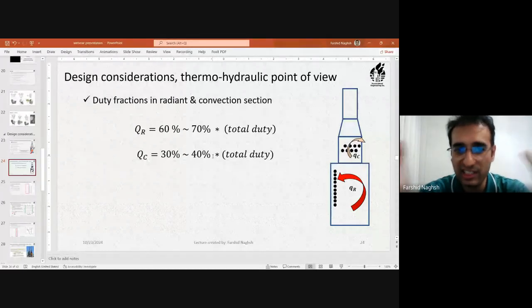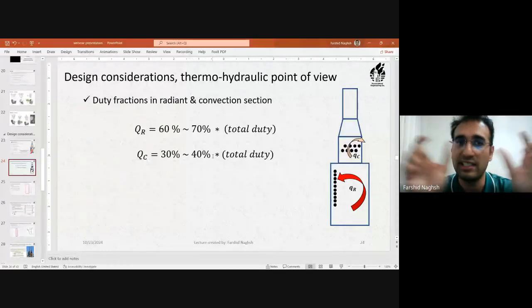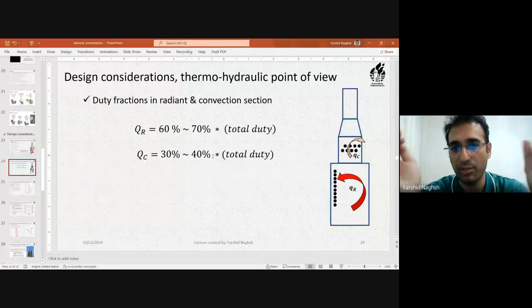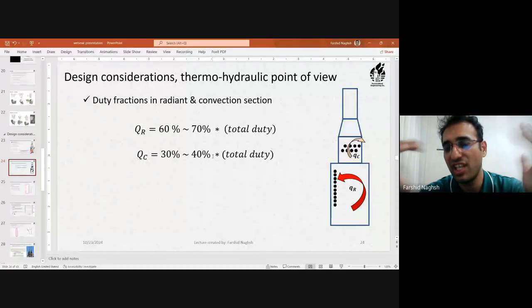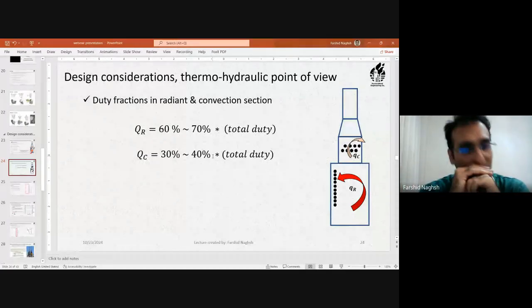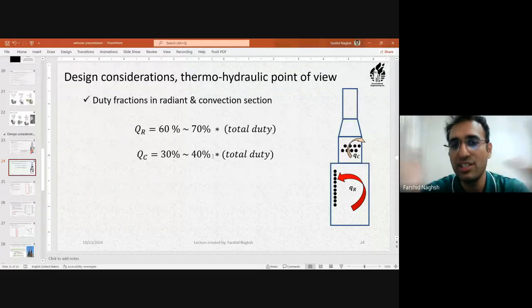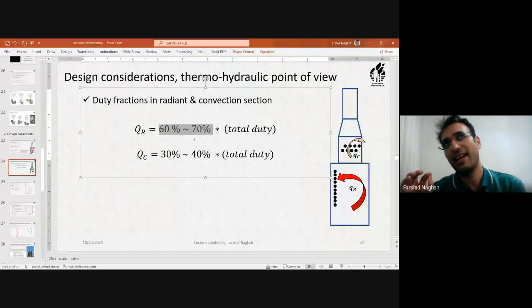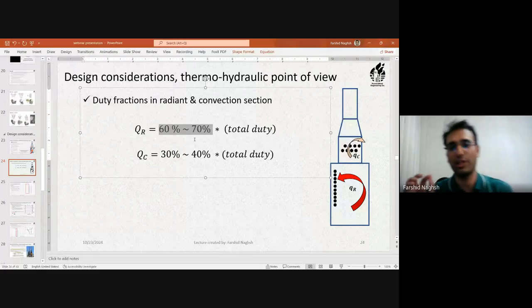You can change these numbers by playing with the geometry, the number of tubes, and the distance of the tubes, but what changes at the end is the efficiency of the heater. Many engineers worked on that and concluded that if you keep these numbers, you will be as close as possible to the highest efficiency possible inside the heater.